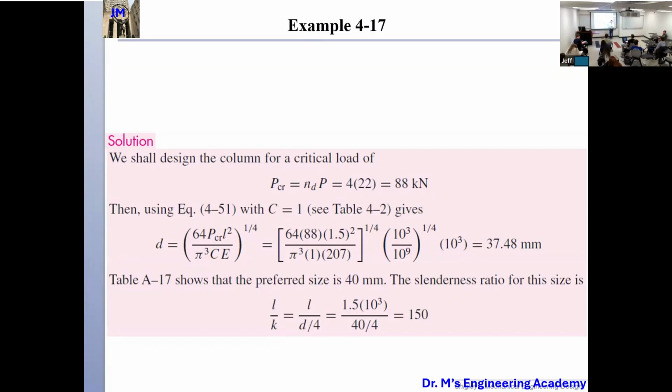You can see I'm using the standard unit, so you need to be consistent. Here pi, C equals 1, and this is Young's modulus.